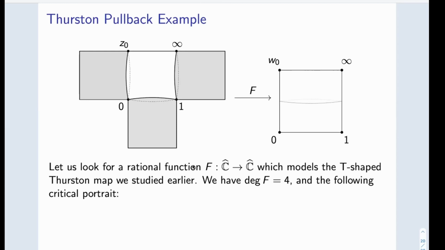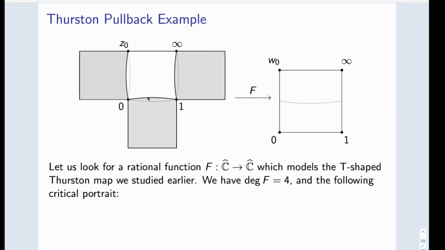Okay, so we're imagining we have separate points Z0 and W0 here. So what are things that we know about this map, capital F? So the degree of it is going to be 4, right? Just by looking at the number of tiles on this side.